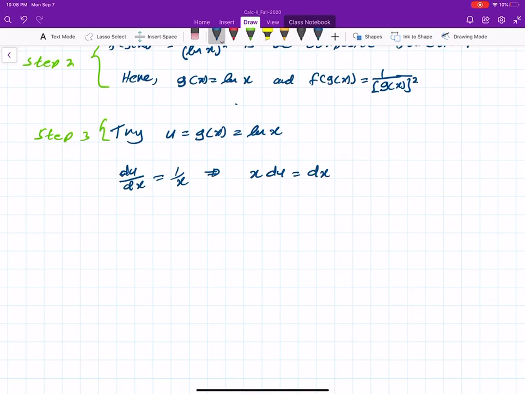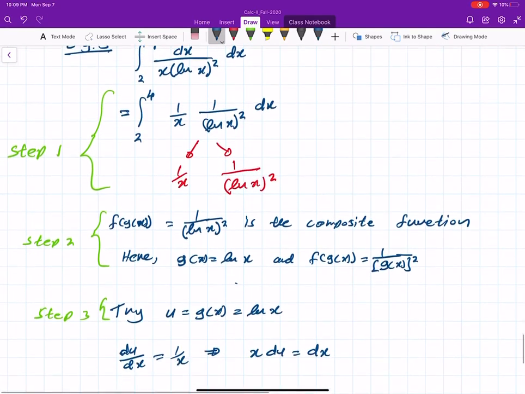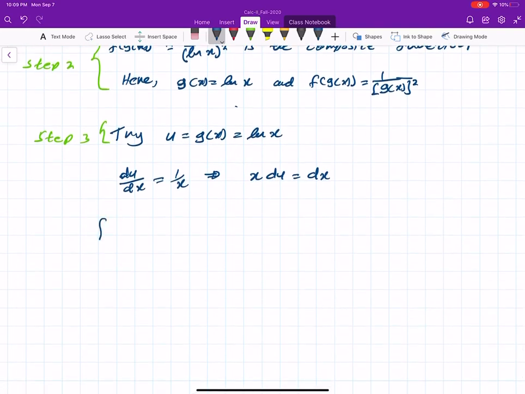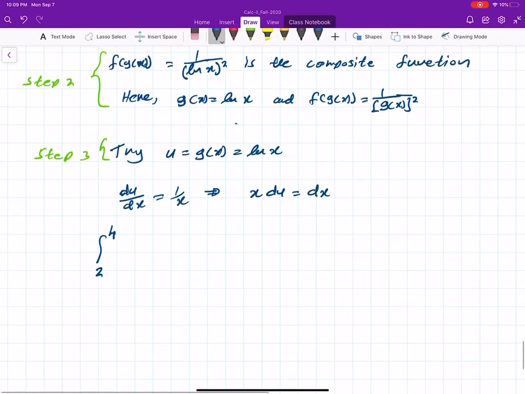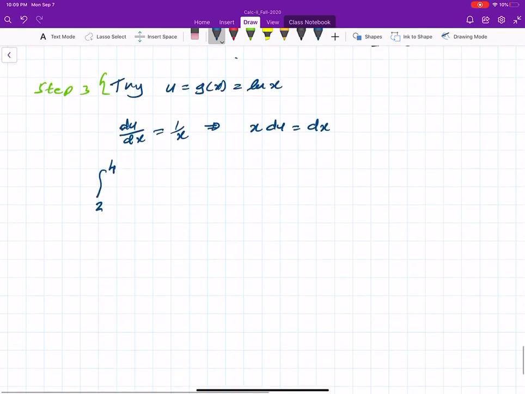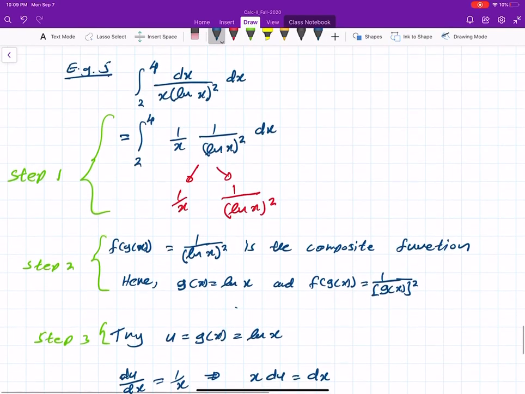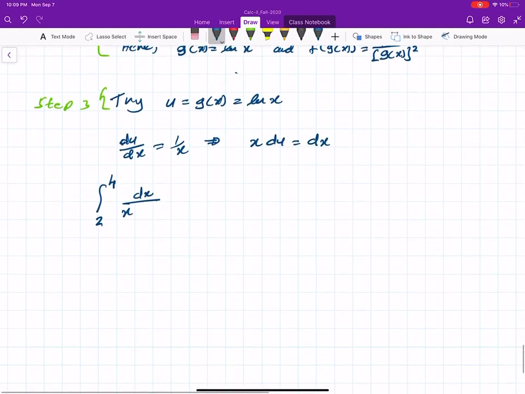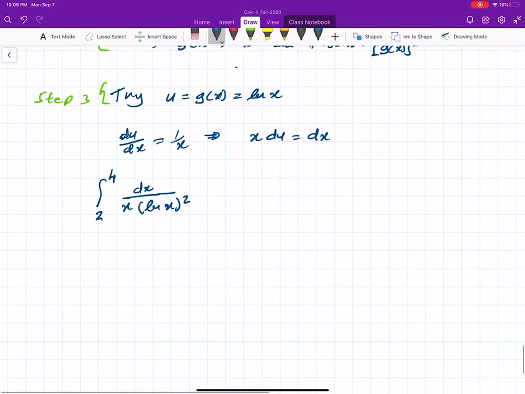So you found dx, and then you have to rewrite the given problem. The given problem is integration from 2 to 4 dx over x times ln x square. All right, so this is the given problem.